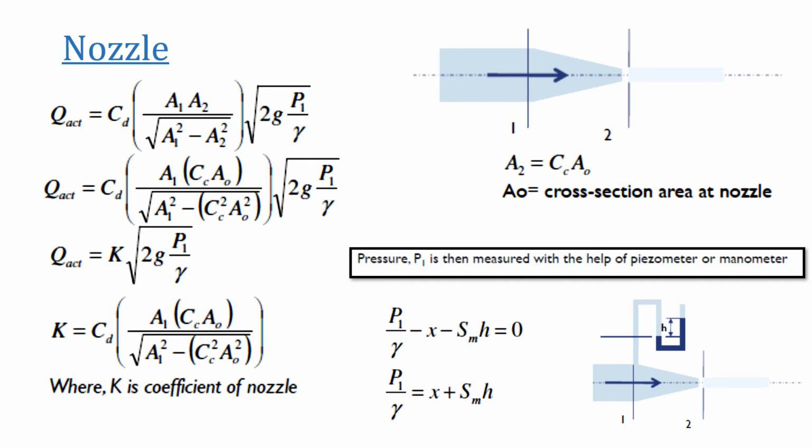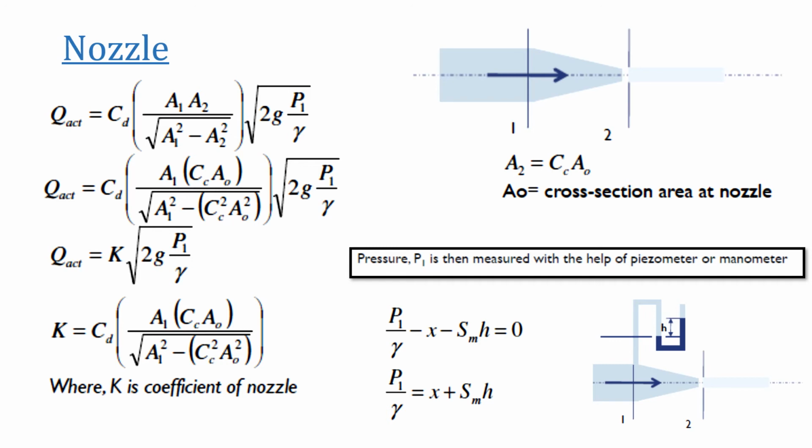Then we have a datum line, so we come over to the rightmost limb, and then again we have a rise of height h by the manometric fluid having density rho m, so minus rho m g h.